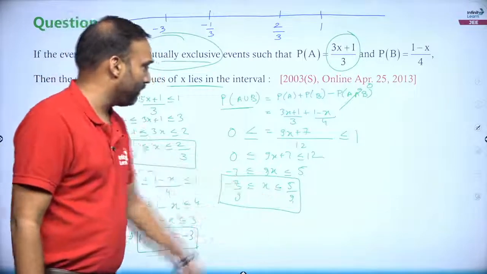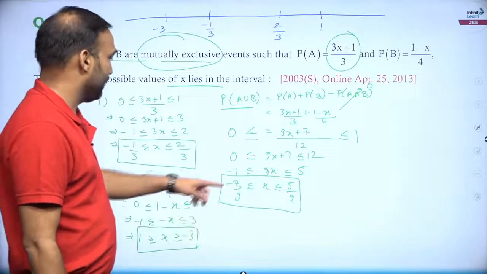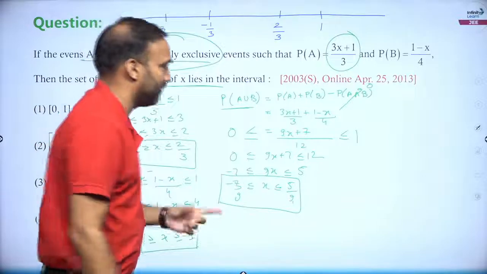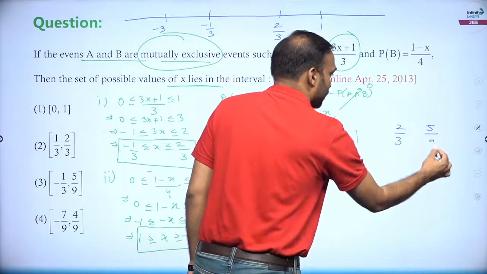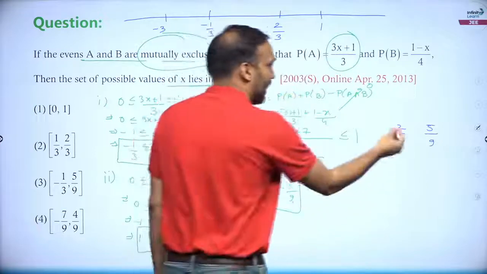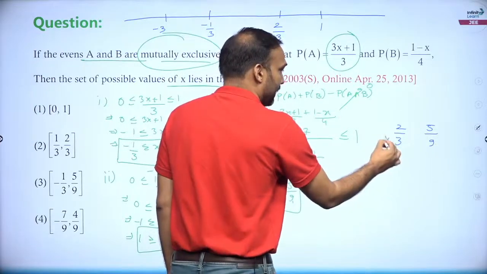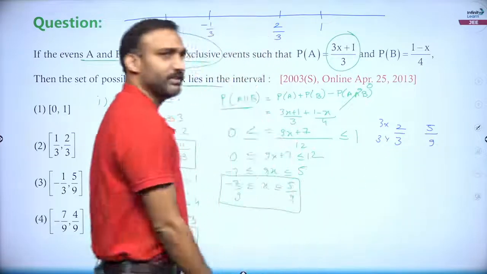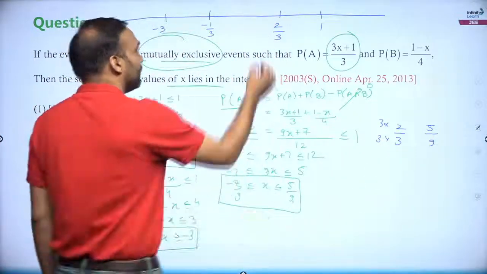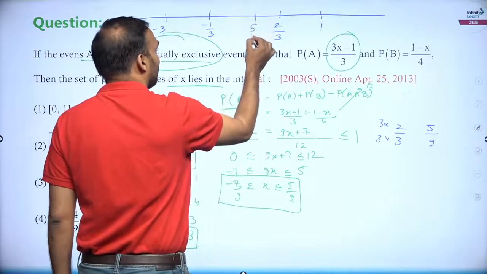5 by 9. How much is 5 by 9? It's a fraction. But 5 by 9 or 2 by 3, which one is smaller? So I am going back to class 6th, 7th. Have to compare these fractions. Multiply this by 3, this by 3. It becomes 6 by 9, 5 by 9. Which one is smaller? 5 by 9, right? So I know 5 by 9 is smaller, would be over here.